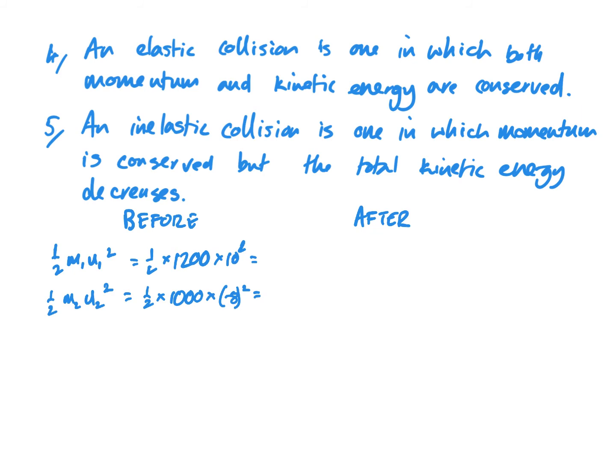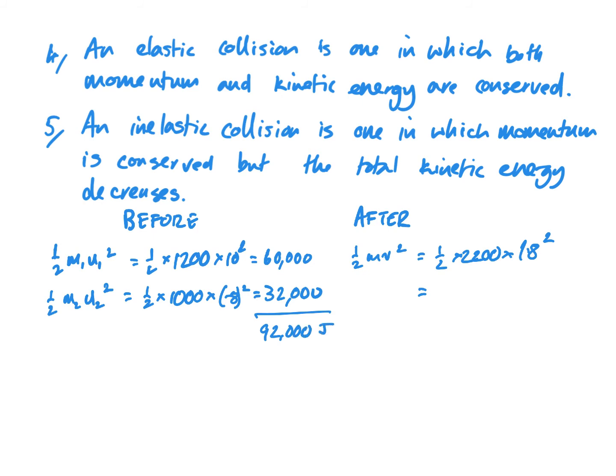And after, for the two objects before, and after we've just got half mv squared, because it was just one mass, 2200, and we worked out that v was 1.8 squared. So we can now work out all these values. We get 60,000, 32,000, giving you a total of 92,000 joules, and after we get 35,640 joules.